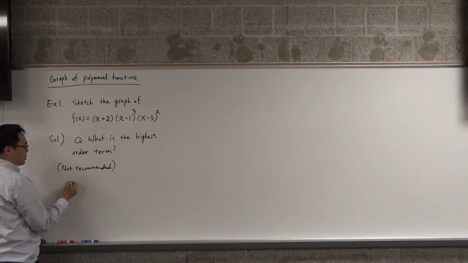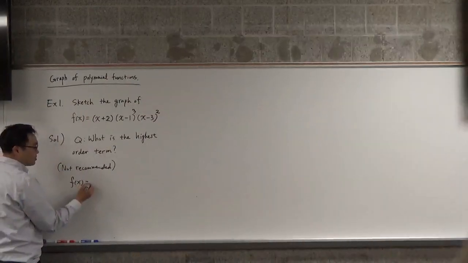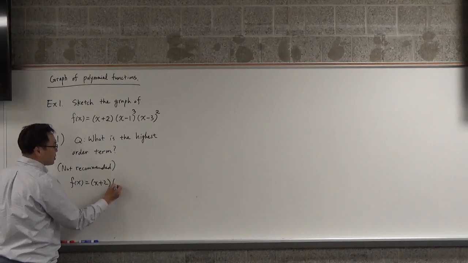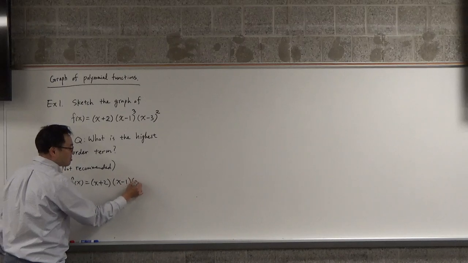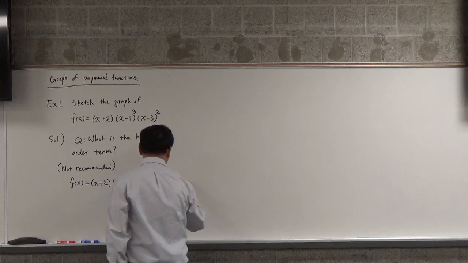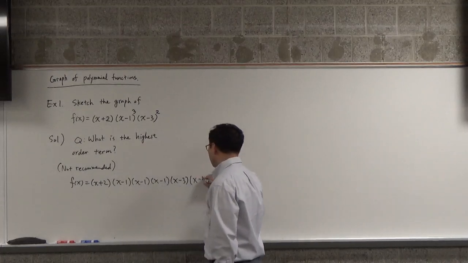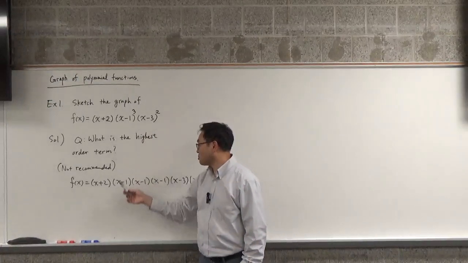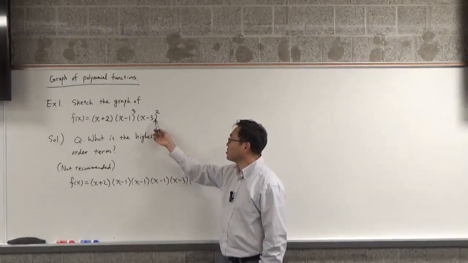Would be to do the following. You write down f of x as x plus 2 times x minus 1 times x minus 1 times x minus 1 times x minus 3 times x minus 3. So let's write it explicitly. Like cubic means you multiply it 3 times.